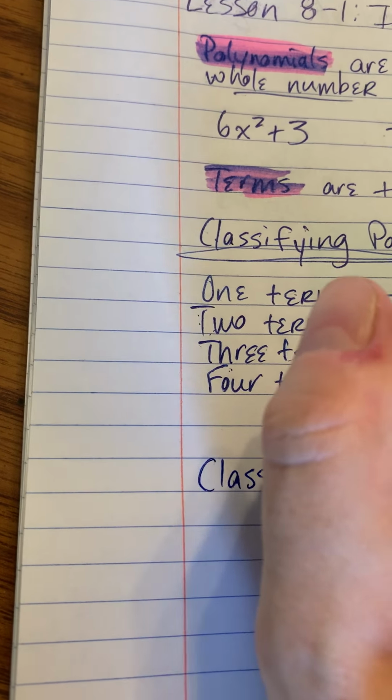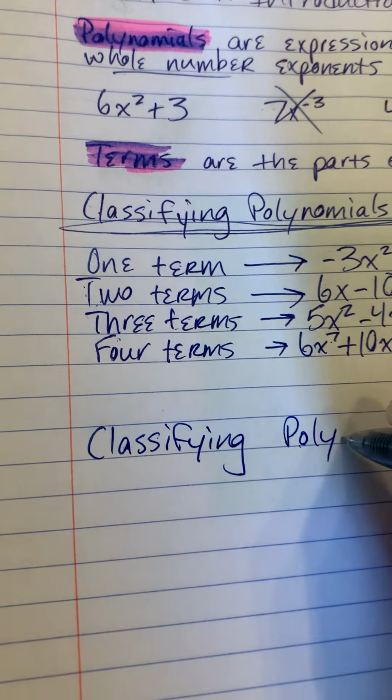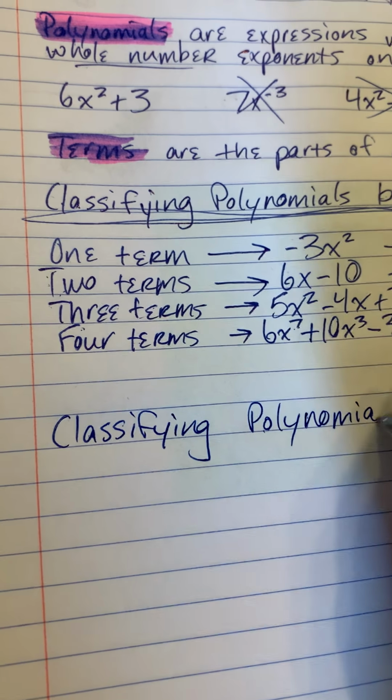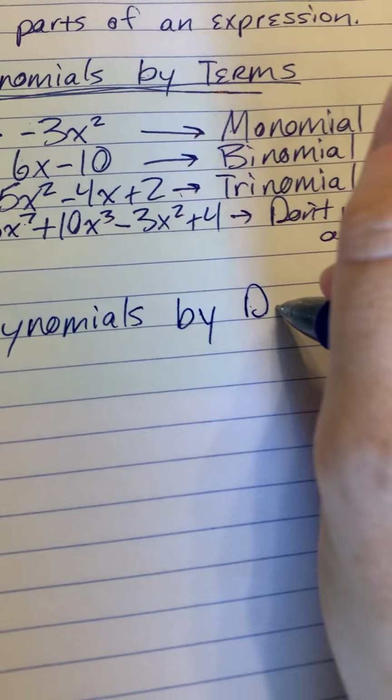You can also classify polynomials by degree. When you classify polynomials by degree, first of all, you need to know that degree is the biggest exponent.